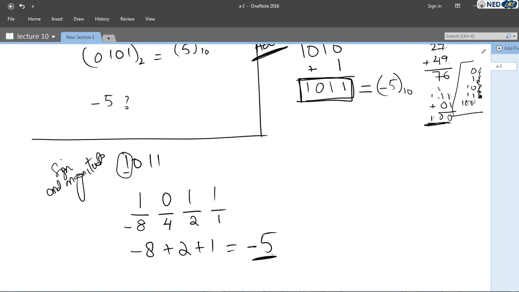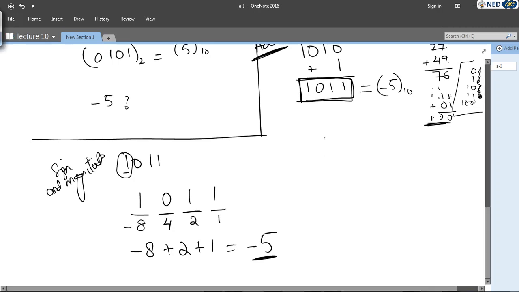What we can do is, let's say I need to subtract 10 minus 7, or just to make it simple, 12 minus 7. That means I can do this as 12 plus minus 7. If I take the 2's complement of 7, I will get minus 7, a negative number, and I just add these together and I will get 5.